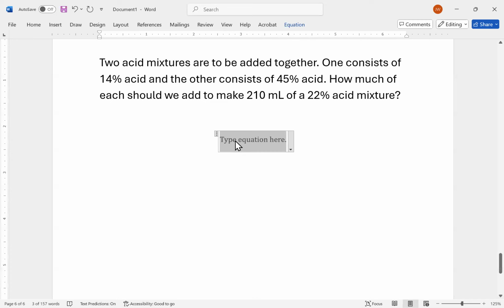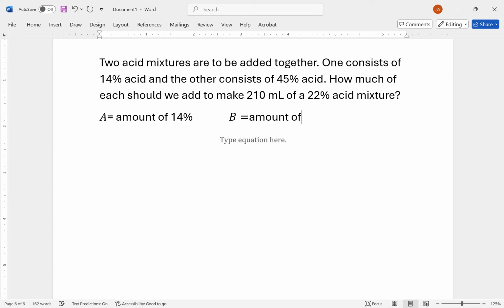So we want to add two up. Let's start out by saying A is the amount of the 14% acid mixture. And I'll call B, with a capital B, the amount of the 45% mixture.